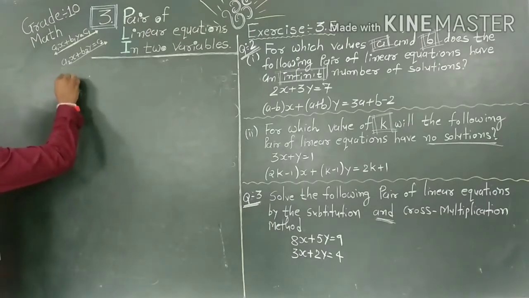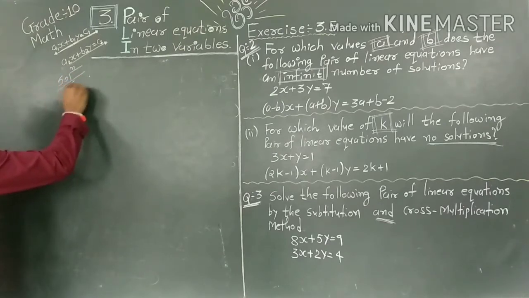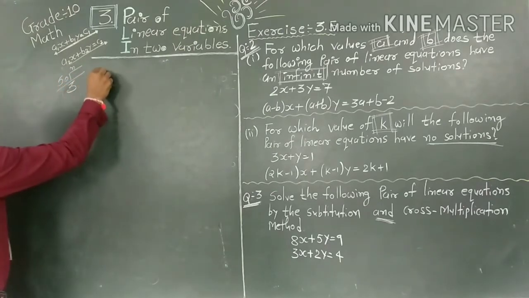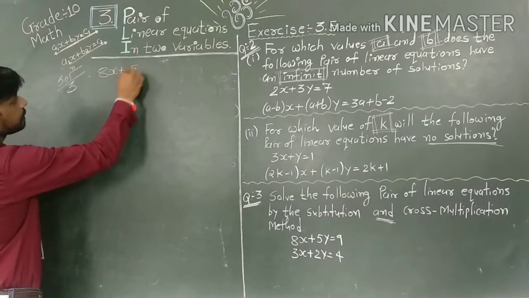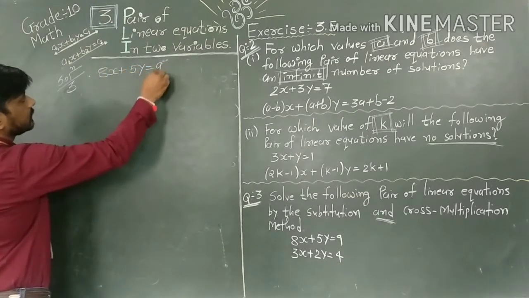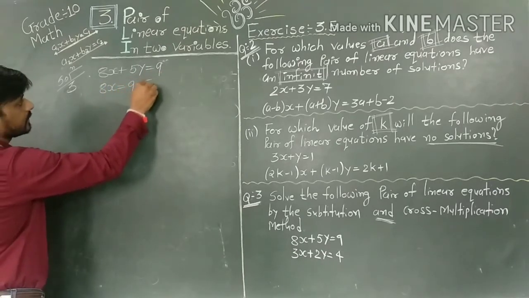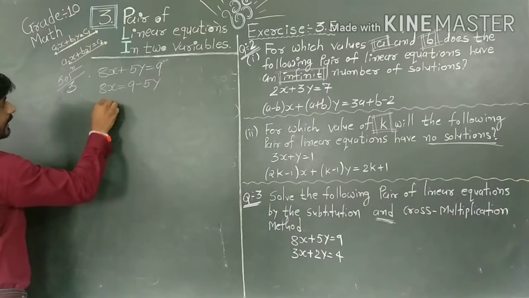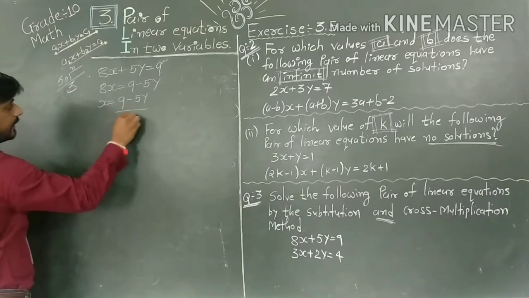Look here, solution number 3. Here 8x plus 5y is equal to 9. Therefore I transfer 5y to the opposite side, it becomes negative, and x is equal to 9 minus 5y upon 8.